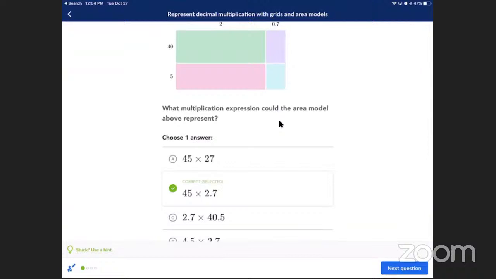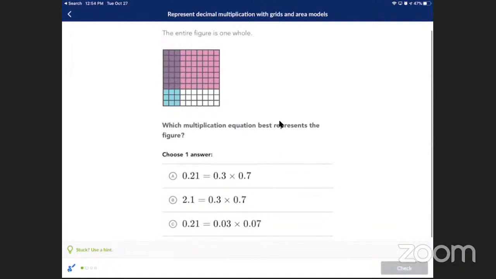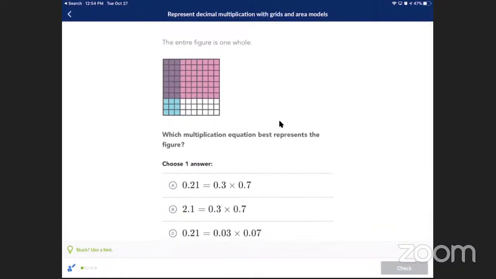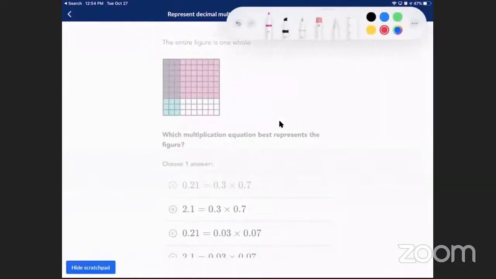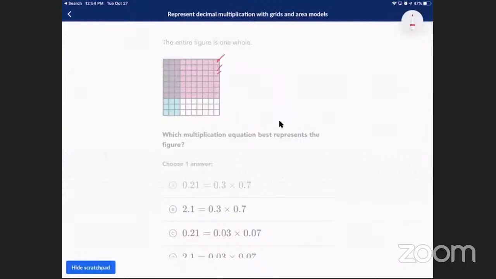Okay. Next question. So the entire figure as a whole, what multiplication equation best represents this figure? So if we make sure we are paying attention, this is probably 10 here, so it's 10 by 10. Here we have a 3 by 3 square right here. We have a 7 by 3 square, and here we have a 7 by 7.